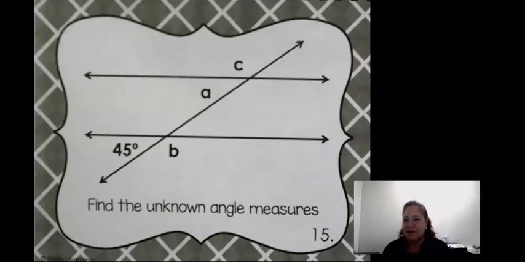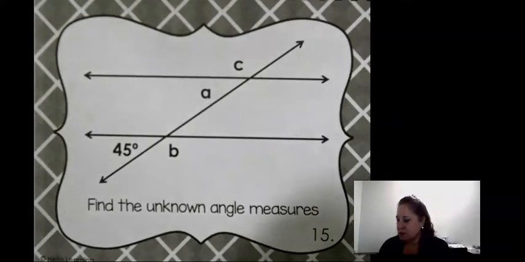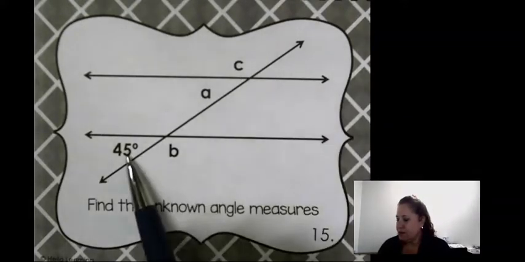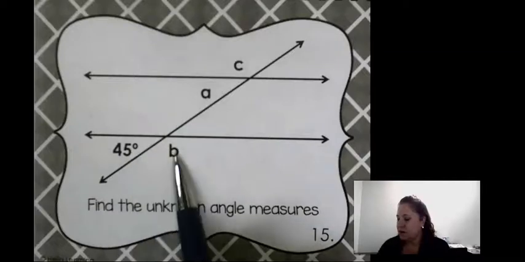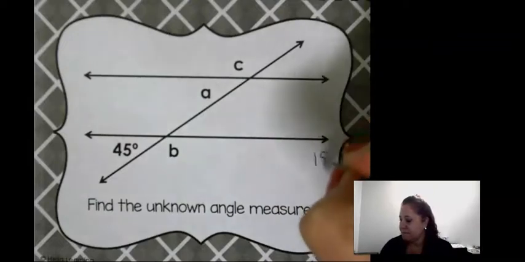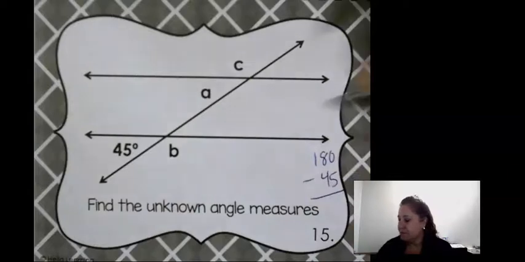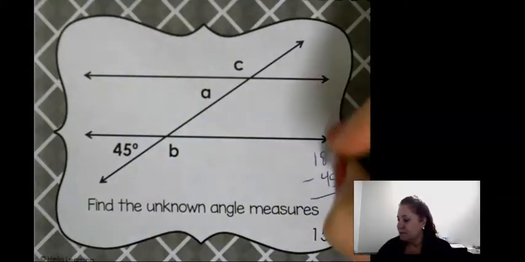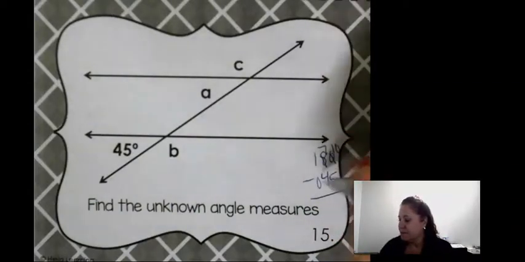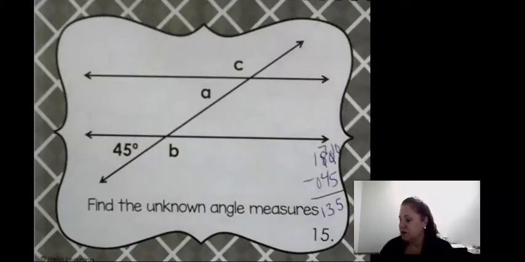Okay, let's see. We have to figure out the unknown angles, A, B, and C. Okay, so if this angle is 45 degrees, B has to be 135 degrees.